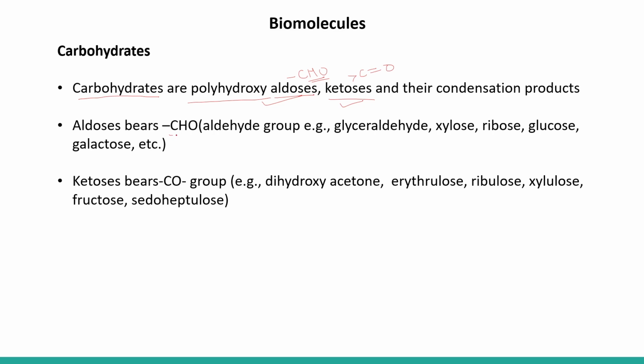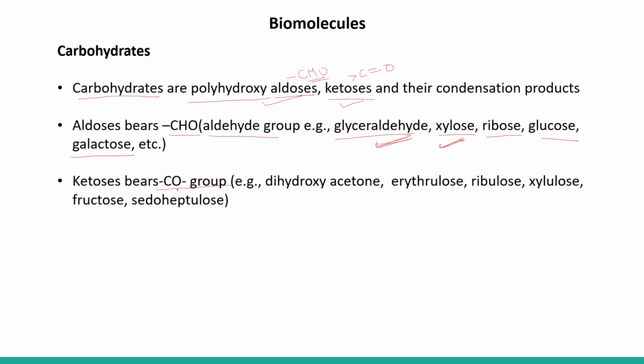Aldoses bear the CHO group, that is the aldehyde group, and some examples of aldoses are glyceraldehyde, xylose, ribose, glucose and galactose. These are some of the basic aldoses which we study as metabolites, either in the photosynthesis process or the respiration process.